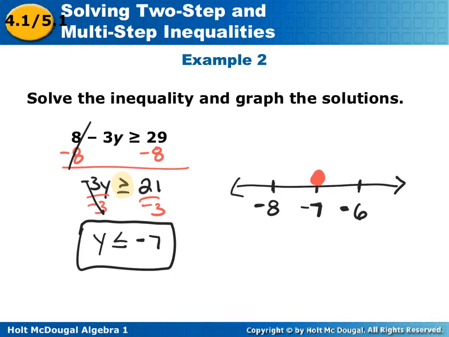Okay? But -7 will work. Well, to be less than -7 means to be smaller. Smaller things go to the left. So this would be the picture of your graph.